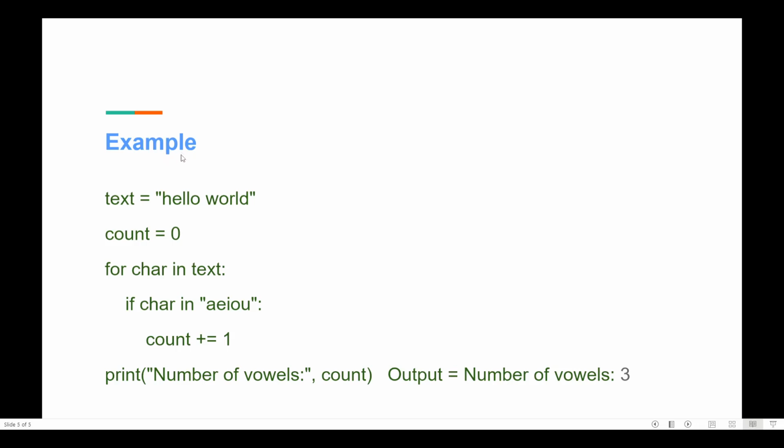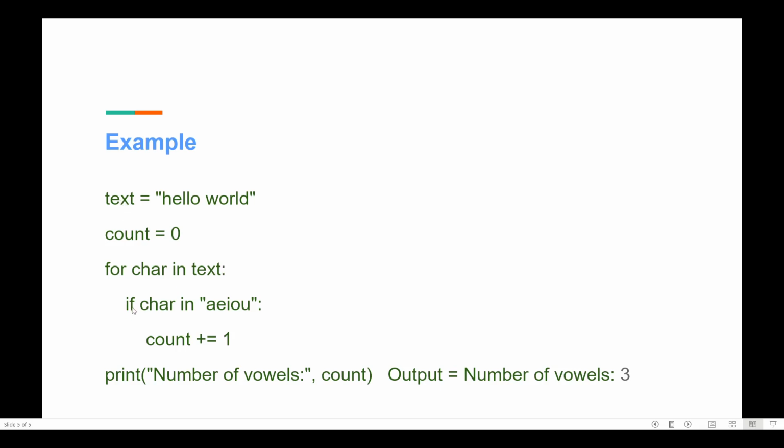Here is another example. Here we will also use a conditional statement along with for. There is text equals hello world, and count equals 0. Here we have assigned two variables. Now we will use the for loop. For char, meaning character, in text, the variable text.